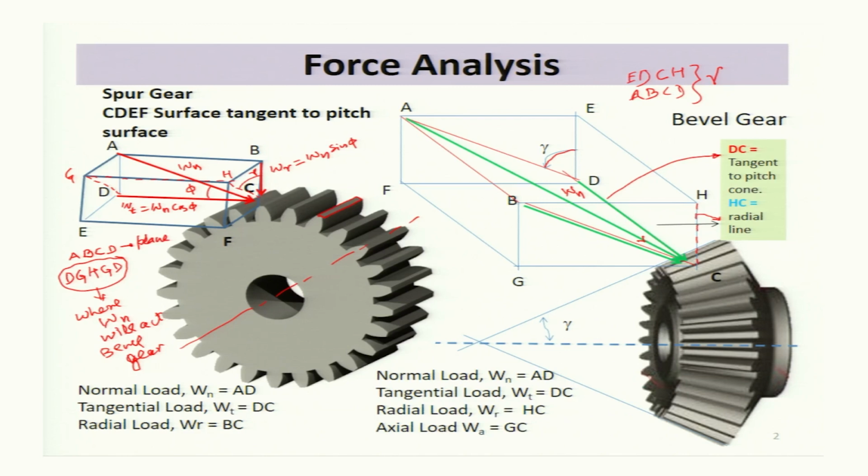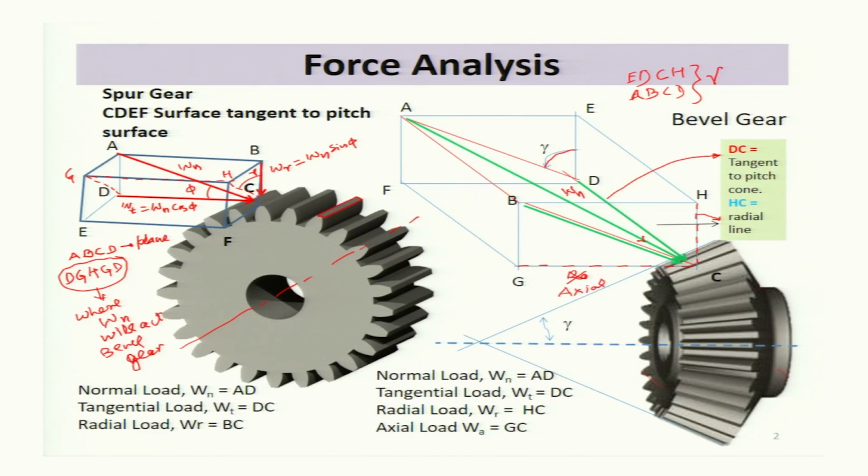Well, from this figure it is clear that this GC is parallel to the axis of rotation of the gear, and so GC is the axial direction because it is along the axis of rotation.